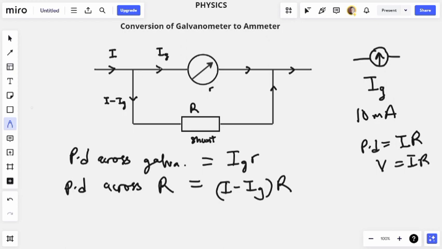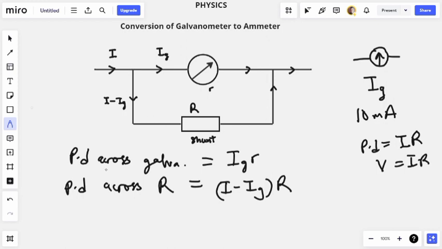You now recall, since the resistor is in parallel with the galvanometer, that in our basic knowledge of parallel connection, the voltage across each branch is the same. That means the potential difference across this galvanometer is the same as the potential difference across this resistor.